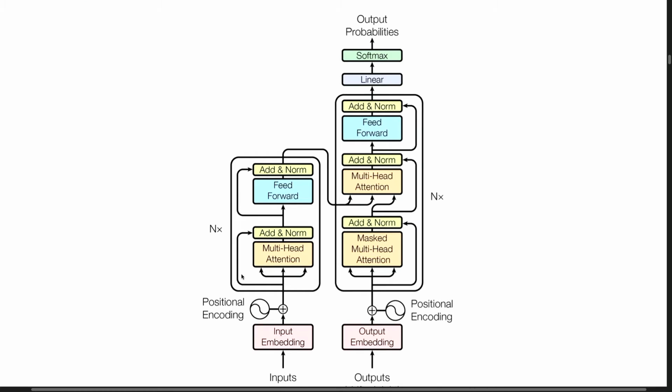Now we're going to go through the different parts of the transformer model. These inputs are now tokens, and the first thing that we see here is input embedding. The tokens are numbers, and the machine can take numbers.